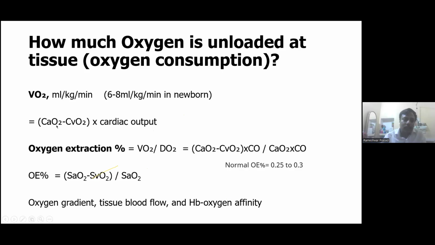So these two things you intervene on. You increase the oxygen content by increasing FiO2 or putting the baby on a ventilator. You increase cardiac output by improving the blood flow by adding inotropes or giving boluses.